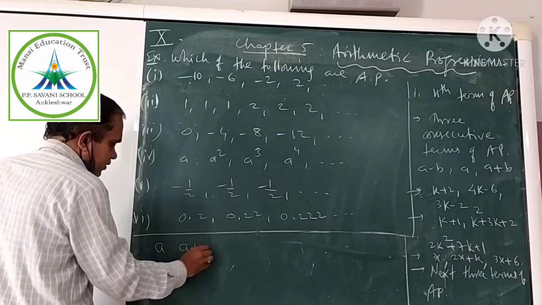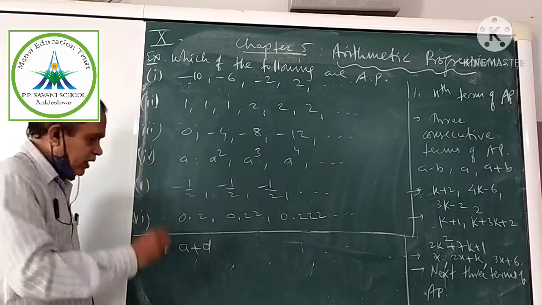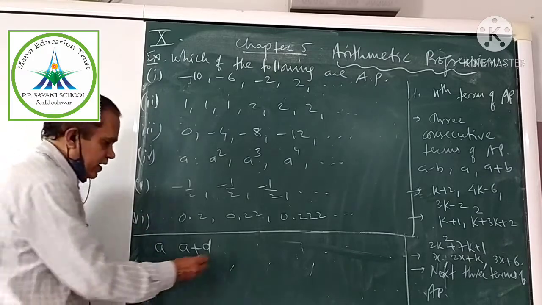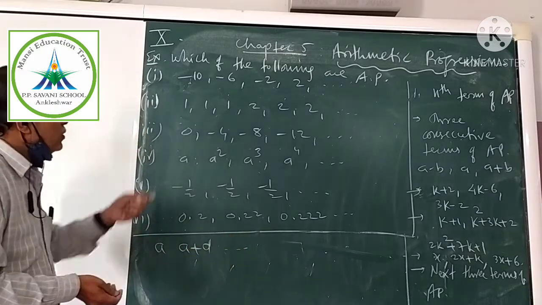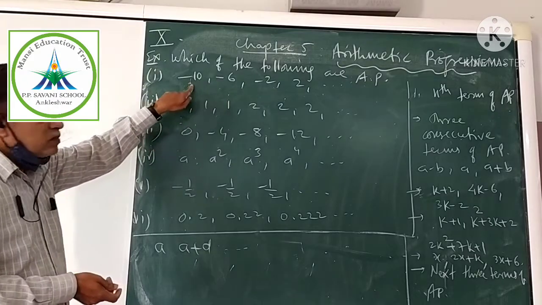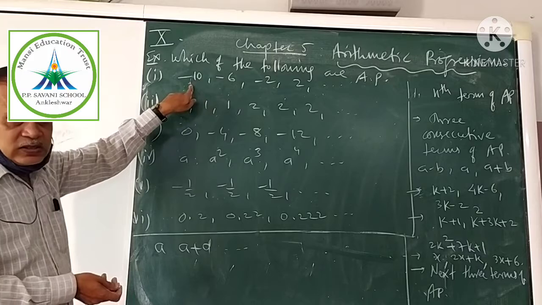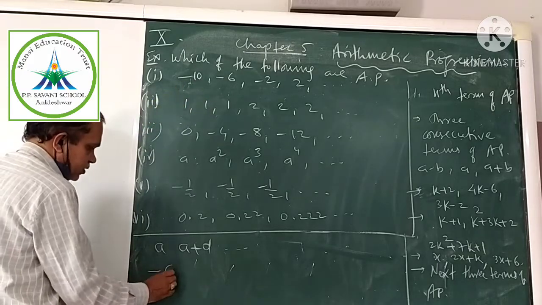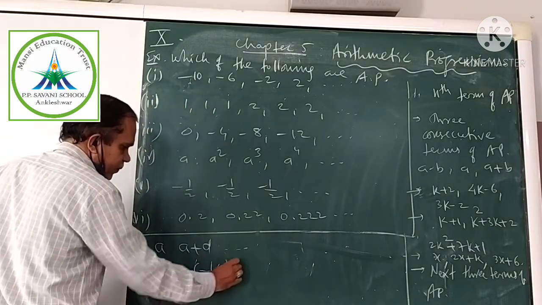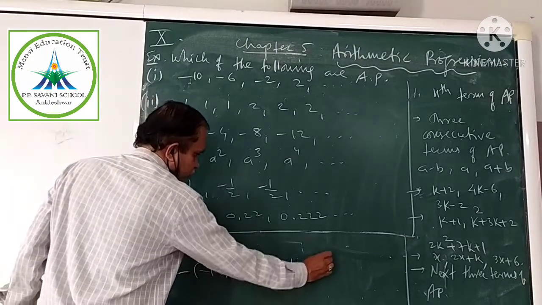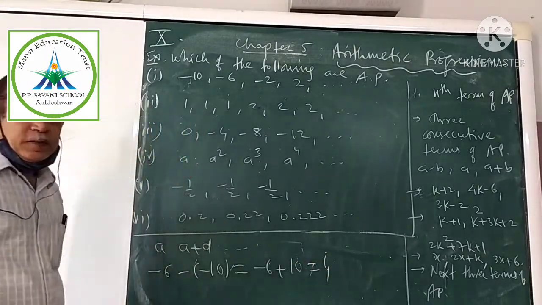The general form is this, and each term is greater than the previous one as per the pattern. Subtract minus 10 from minus 6: minus 6 minus bracket minus 10 gives minus 6 plus 10, which equals 4. The difference is 4.